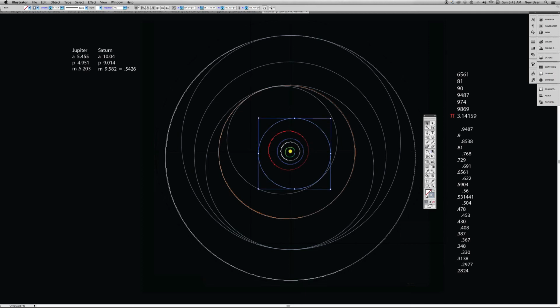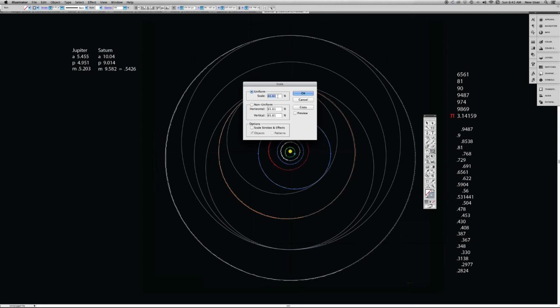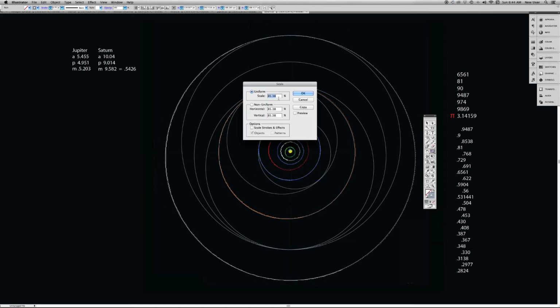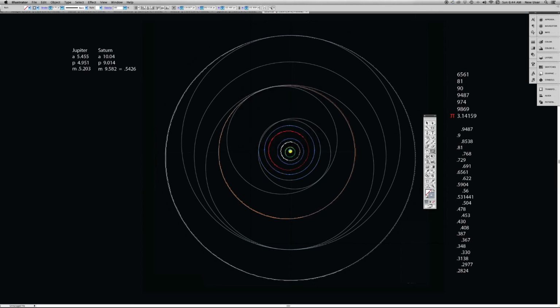And Vesta from there was 85.38. And it's located just there with its interesting crossover point. And then we go to 81, for the transfer circle to Mars.